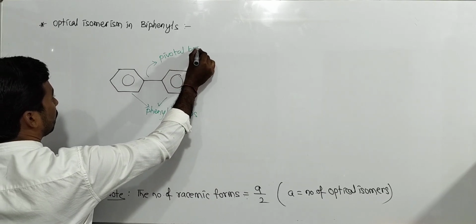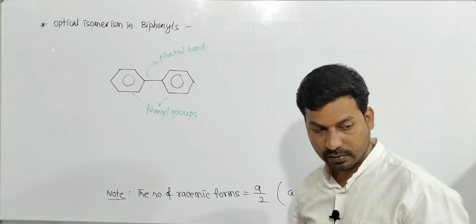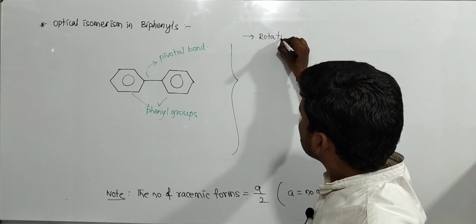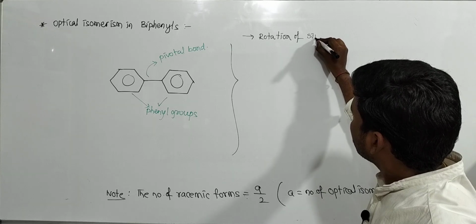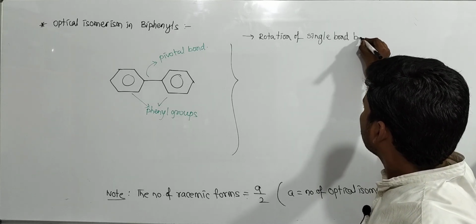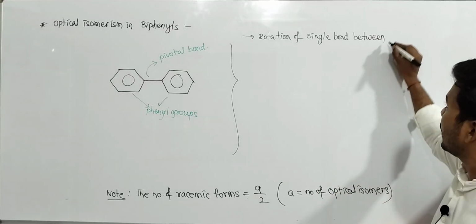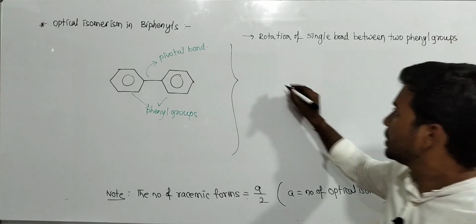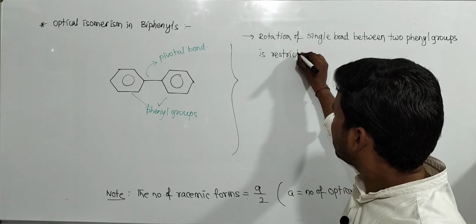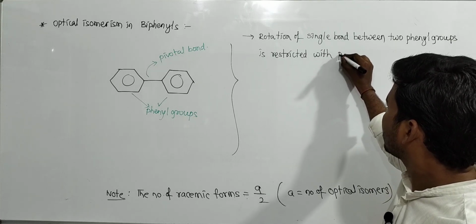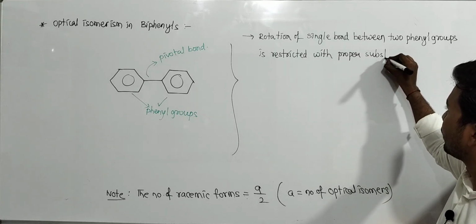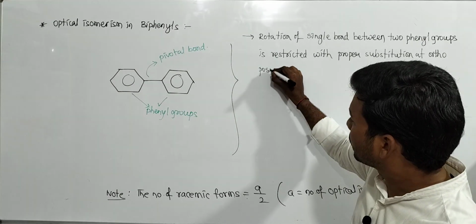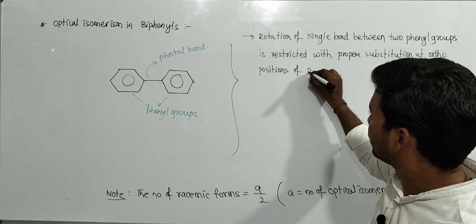I am taking that rotation of the single bond between two phenyl groups is restricted with proper substitution at ortho positions of the phenyl groups.